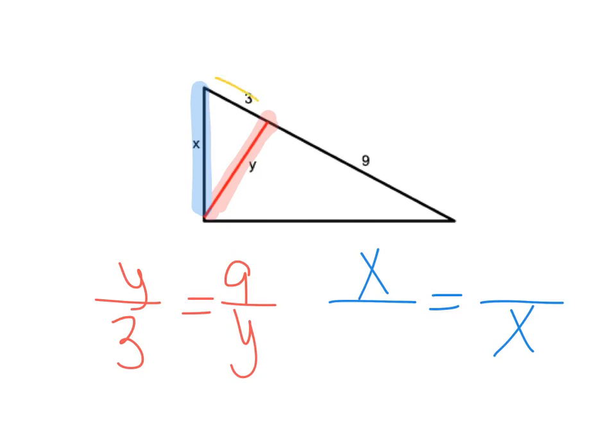Okay, so it touches 3, and it touches the whole thing, not 9, because otherwise you're going to get the same answer. And obviously x and y are not the same length. It touches 3, and it touches 12, because 9 plus 3 is 12. So then when you cross multiply, you get x squared equals 36, and x equals 6 when you actually go through and finish that all out.